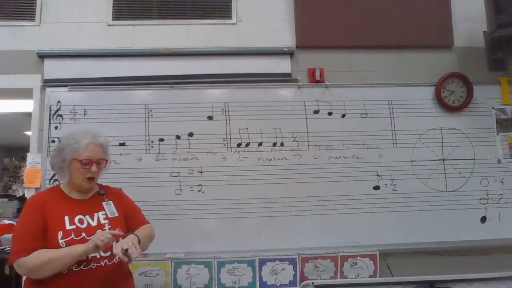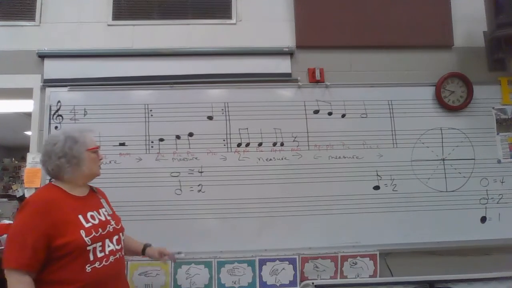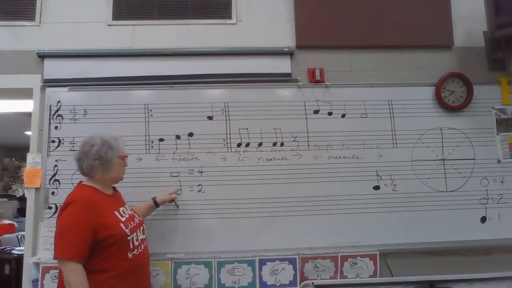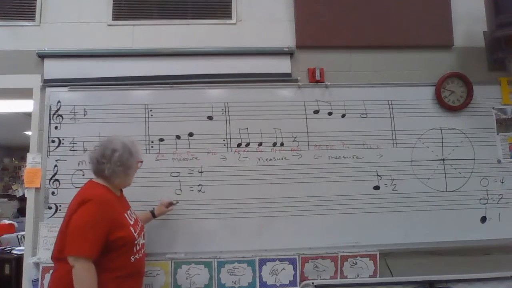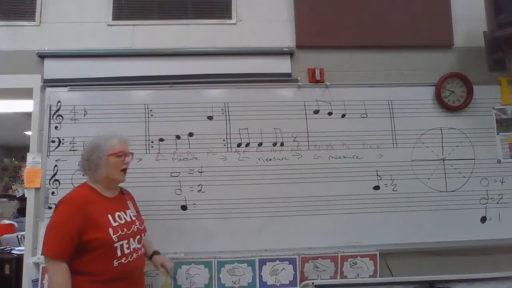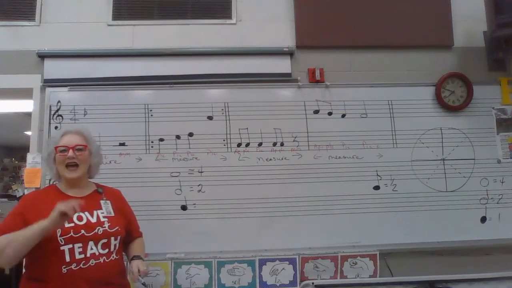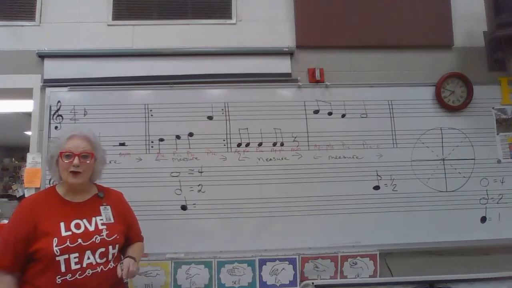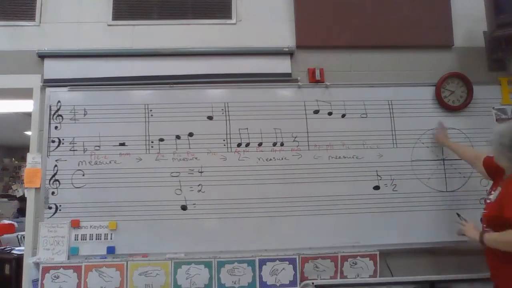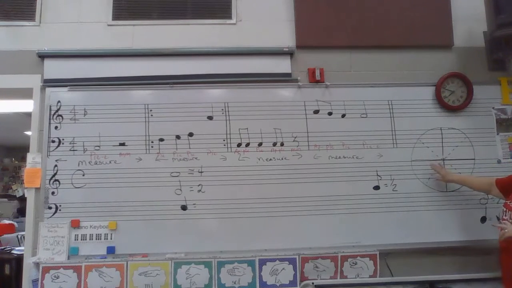So now then, we go to the next one. We're going to take that half note, which was the circle with a stem, and we're going to take it like so, and we're going to put the stem on it, and we're going to color it in. And now he becomes what? Exactly, the quarter note. We cut it in half again. So we see here, here's our pizza that represents our whole note.